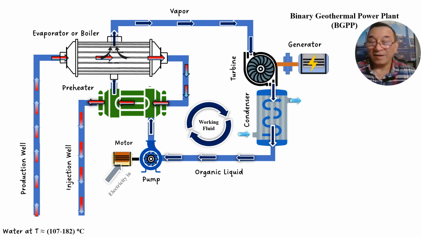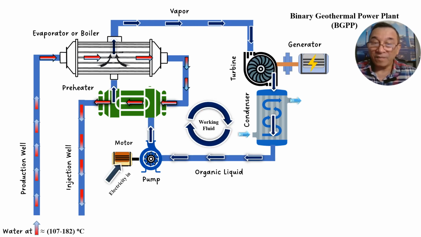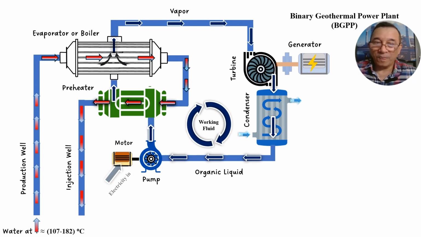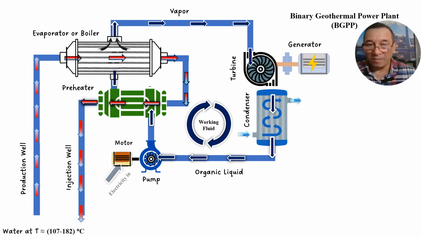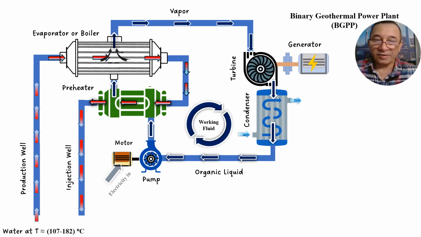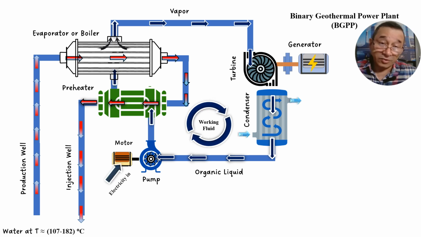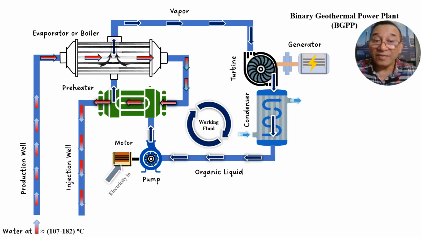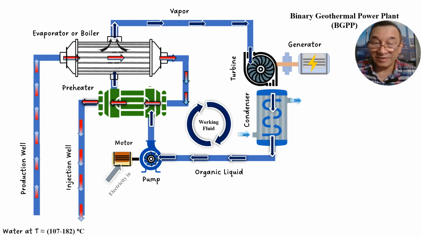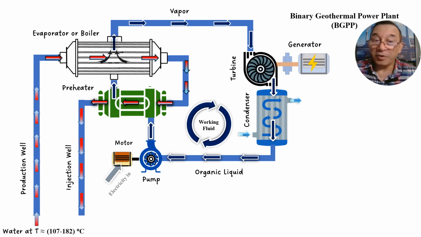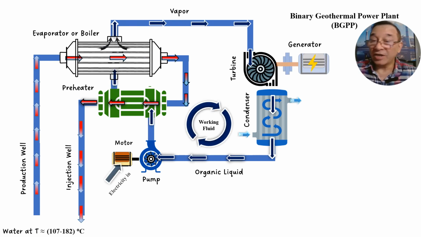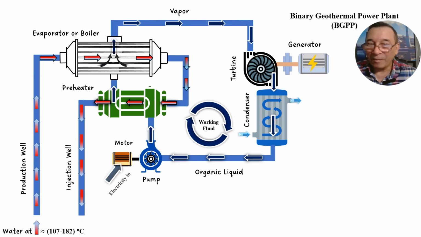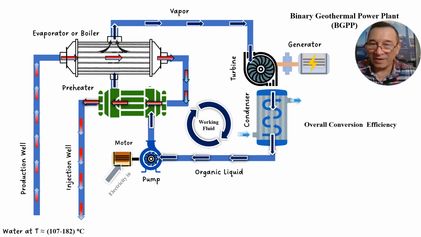The steam leaves the turbine at low pressure, is condensed, and then pumped by a pump operated by a motor which takes electricity from an external supply. The liquid passes through the heat exchanger, is preheated, and then injected to the boiler. That is called a binary geothermal energy plant.